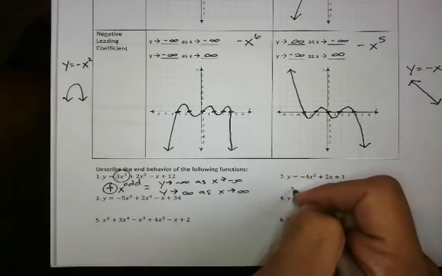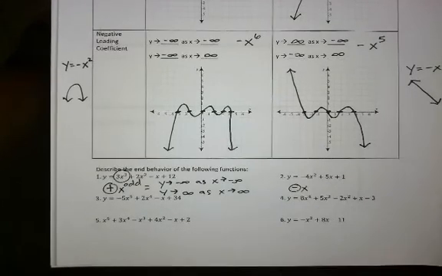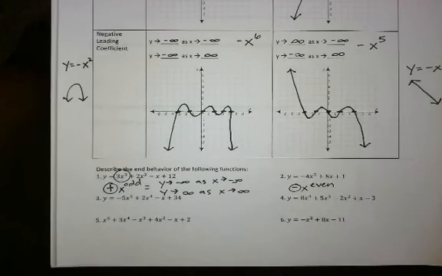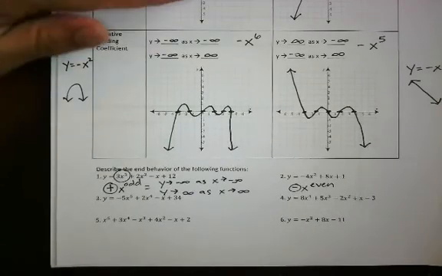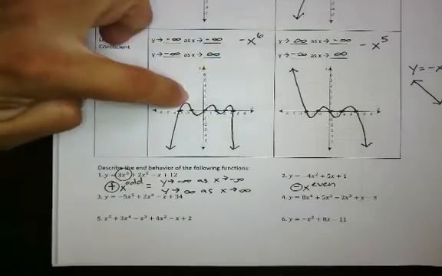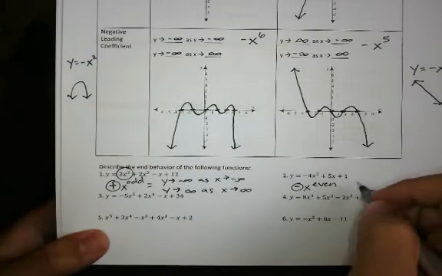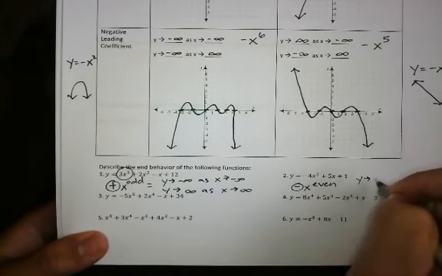Number 2, do we have a positive number or a negative number? Negative. Okay, so we have a negative number. And is it an odd degree or an even degree? Even. So which graph is it going to look like, 1, 2, 3, or 4?